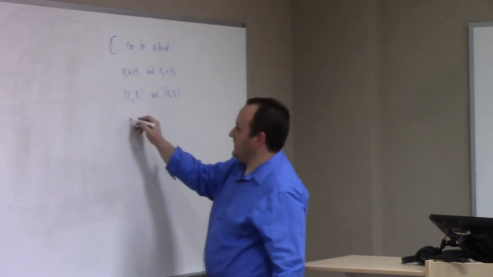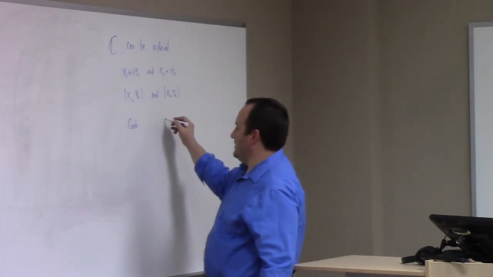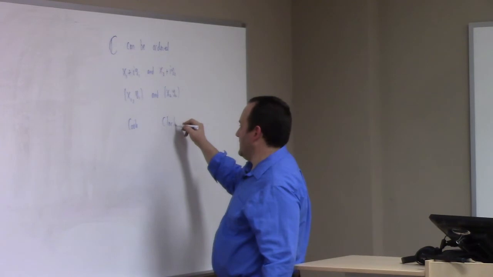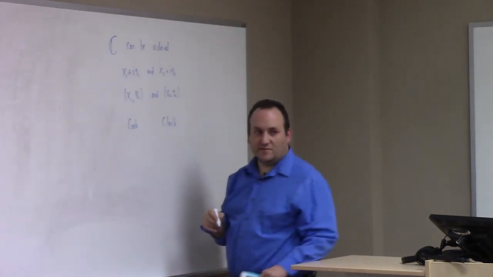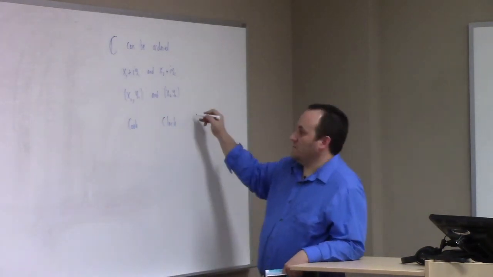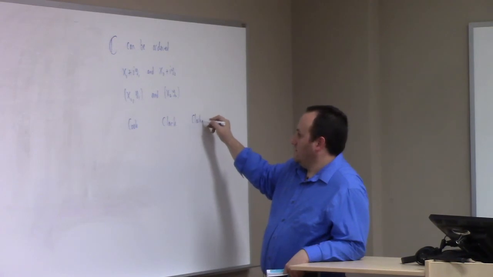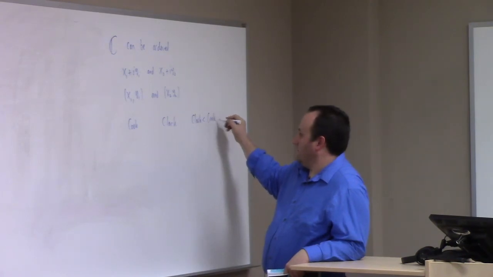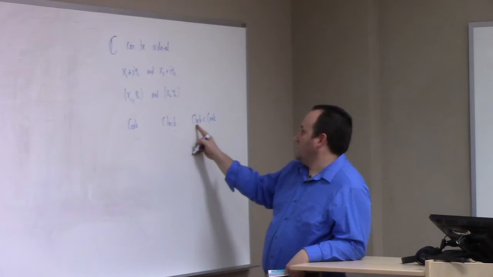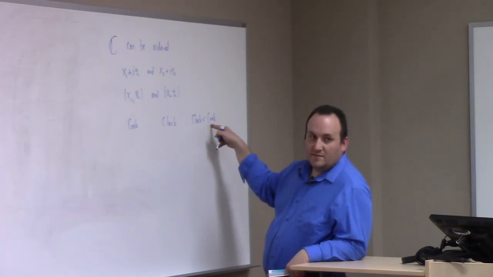So if I had Cook, and I had Clark, and I asked you which one came first in alphabetization, you immediately know that Clark is less than Cook, right? Because L comes before O, even though the C matches up.